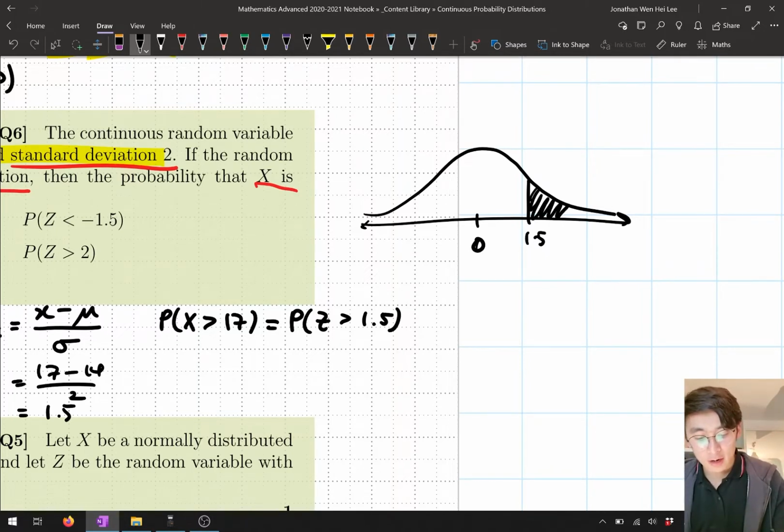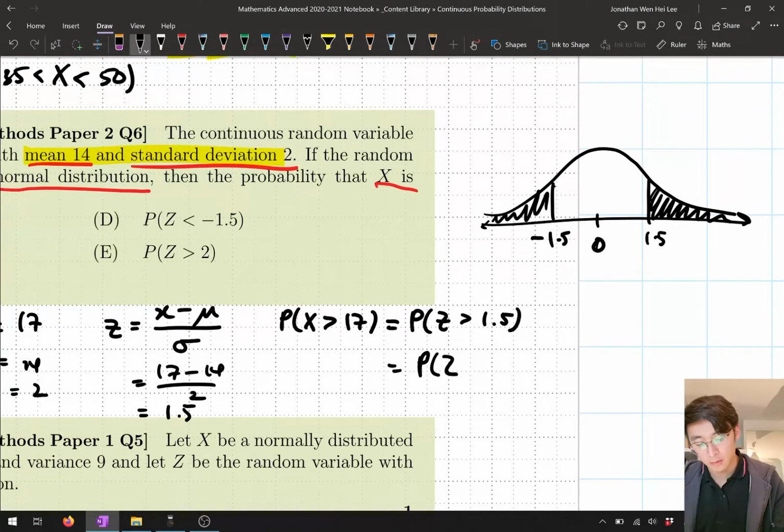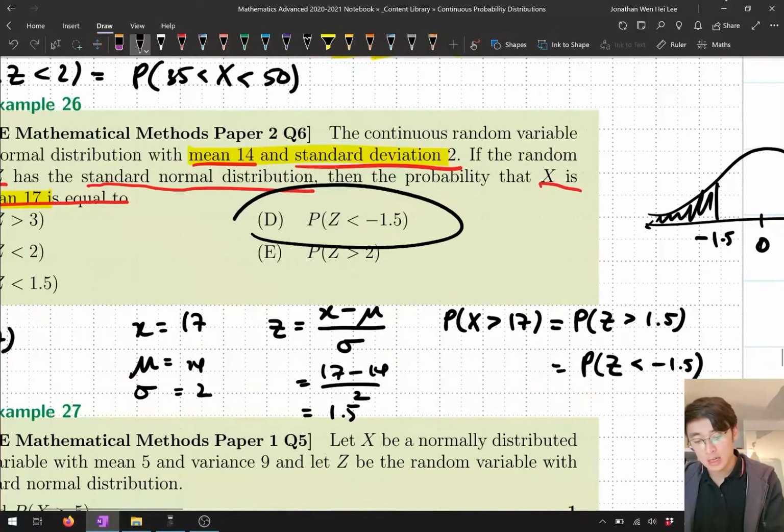I want to find this area over here. Well, that's the equivalent to, on the other end, finding it below a particular value over here. What would that value be? It will just be on the opposite end, so that's negative 1.5. So here, this is the same as the probability of our standard normal distribution being less than negative 1.5. So that's answer D.